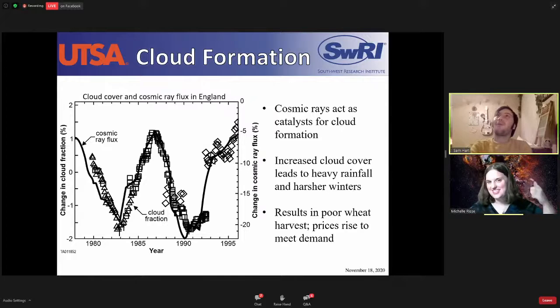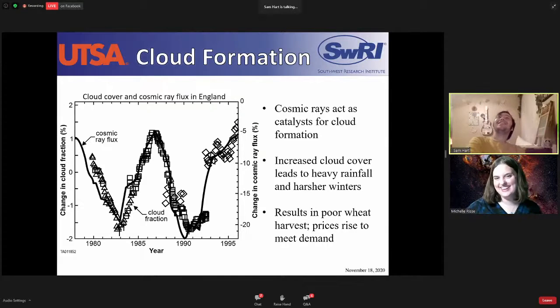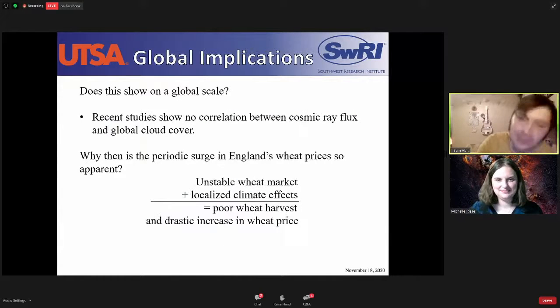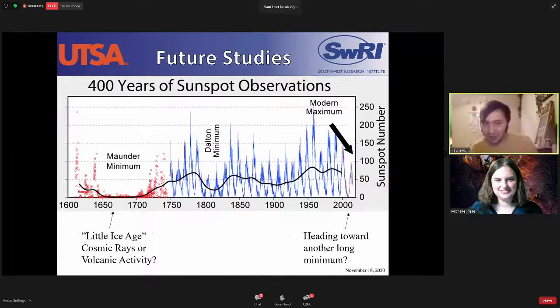I see the wheels turning. Yeah. So when I first was reading this, I knew about the Maunder minimum. And so I was like, well, I know that there was a little ice age during the Maunder minimum. So if you believed in cosmic rays' ability to potentially cool down the Earth, then it makes perfect sense.